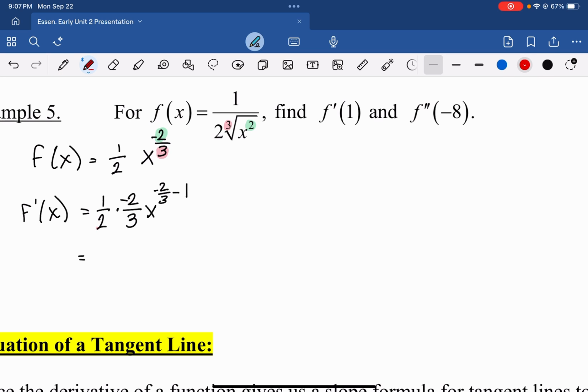Because I have a 2 in the numerator and a 2 in the denominator, those divide out and make a 1. But I'm left with that negative, so I'm going to get negative 1/3. And then my x to the negative 2/3 minus 1. So I'm doing negative 2/3 minus 3 over 3. So we're going to get x to the negative 5/3.